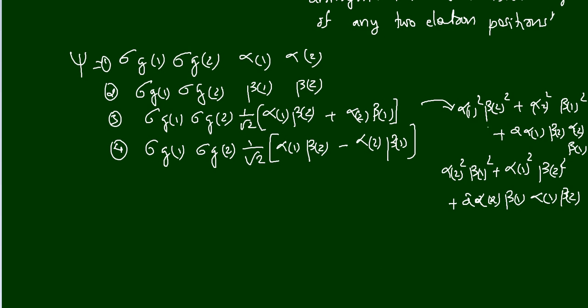You check both. Alpha 1 square beta 2 square is already here. Alpha 2 square beta 1 square is already here. And then 2 alpha 1 beta 2 alpha 2 beta 1 is already here.